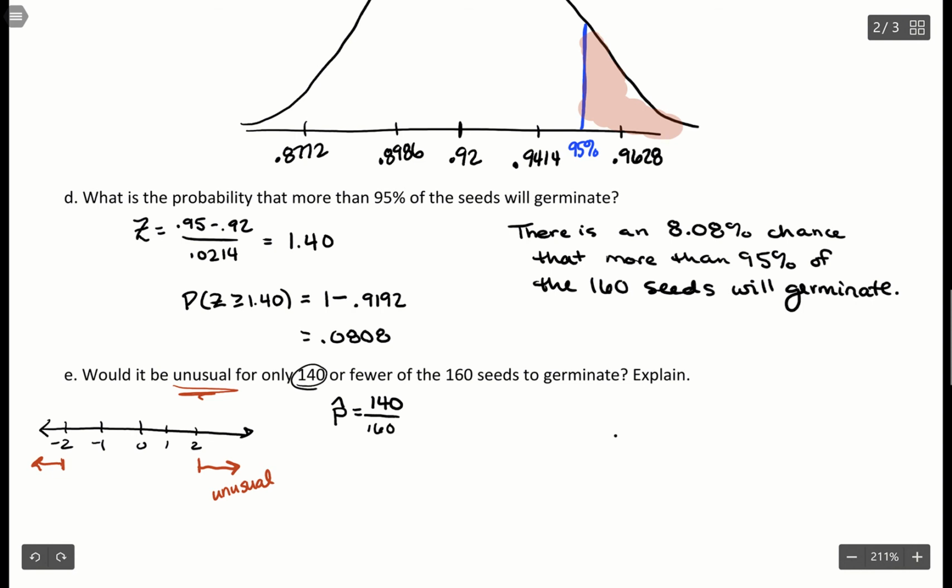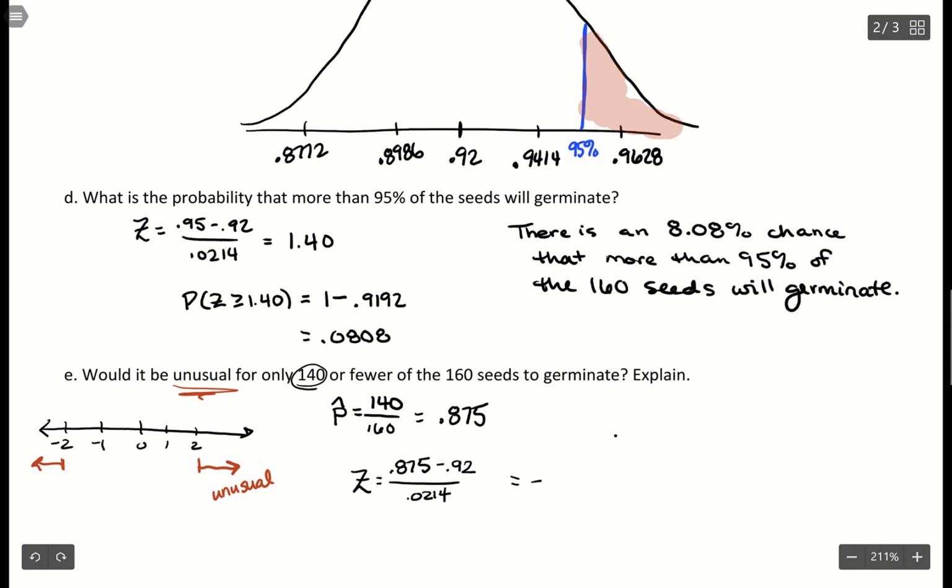All right, out of 160, that proportion will be 0.875. And with that, when we make our z-score, that's the value we want to use. So instead of 140, we want that to represent 87.5% of 160 seeds. So we can compare that to 92% of 160 seeds over that standard deviation that we found for that scenario.